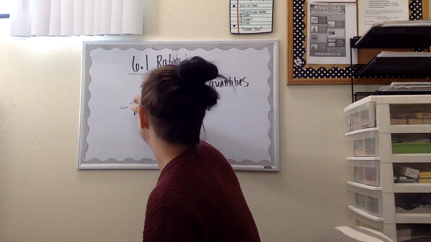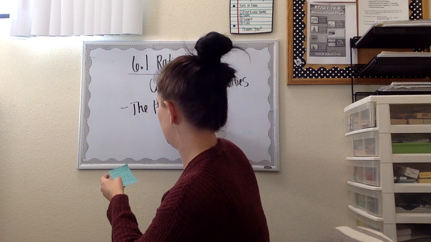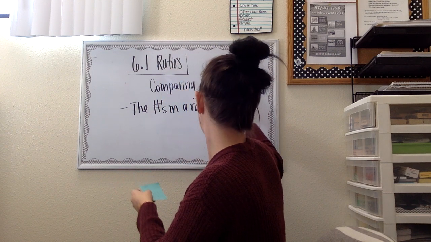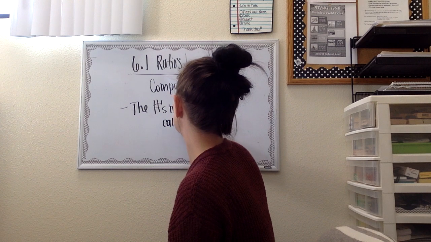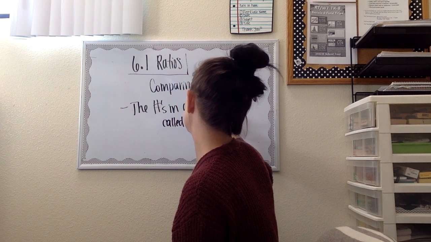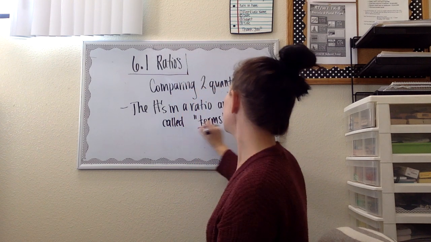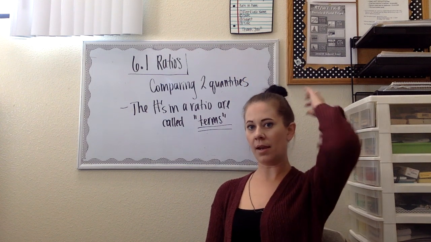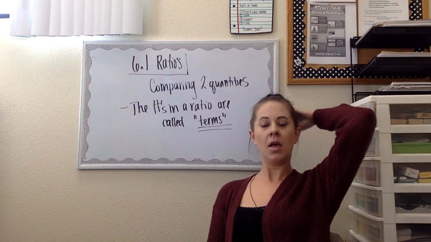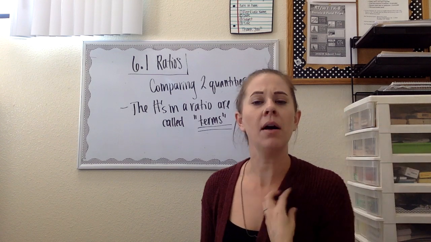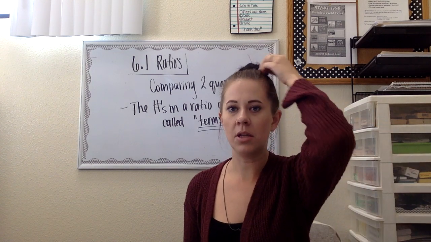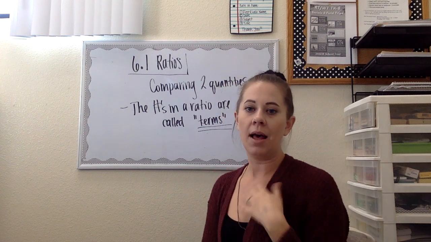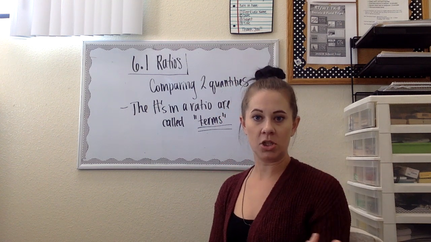So I want you to write the numbers in a ratio are called terms. Okay, and this is really a word that you are going to see all through 7th and all through 8th. And I remember some of my 8th graders, I would say terms, and they'd be like, what are you talking about? So make sure that you know this word because it's something that's going to come up again and again. Instead of saying the numbers, we're going to say the terms.